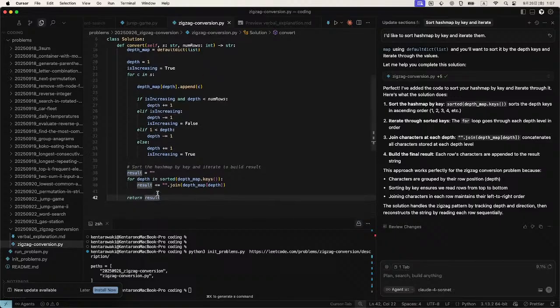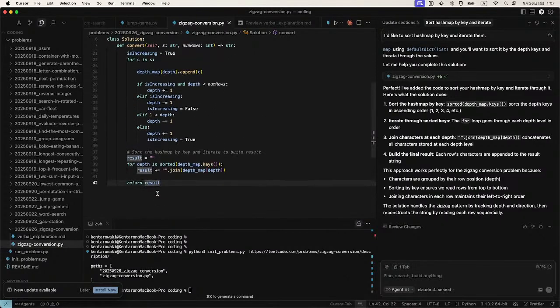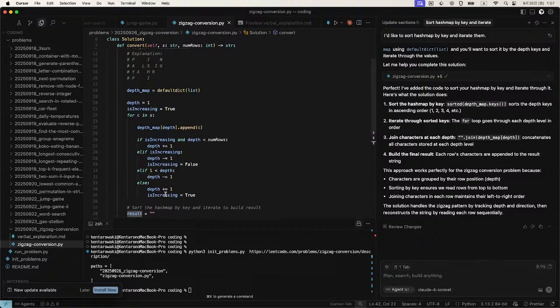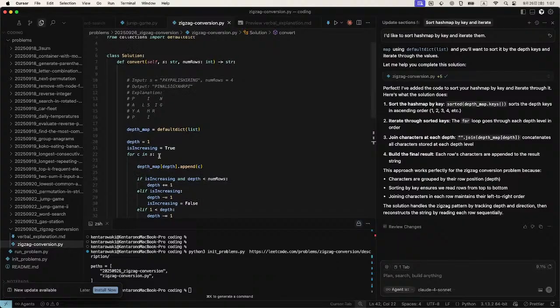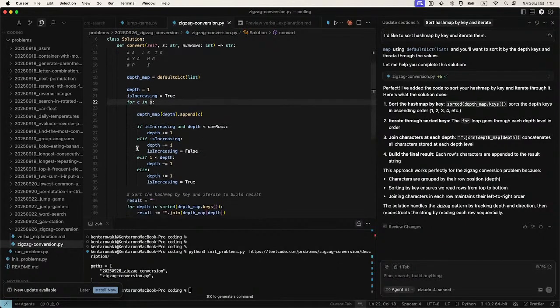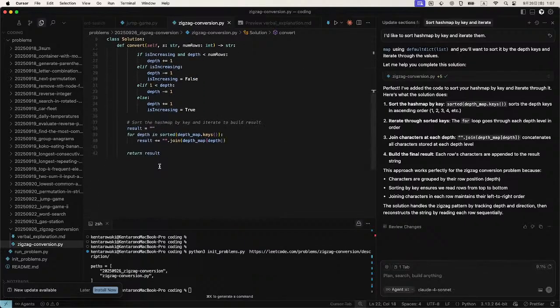And the time complexity is n, because we just loop once over the original strings.